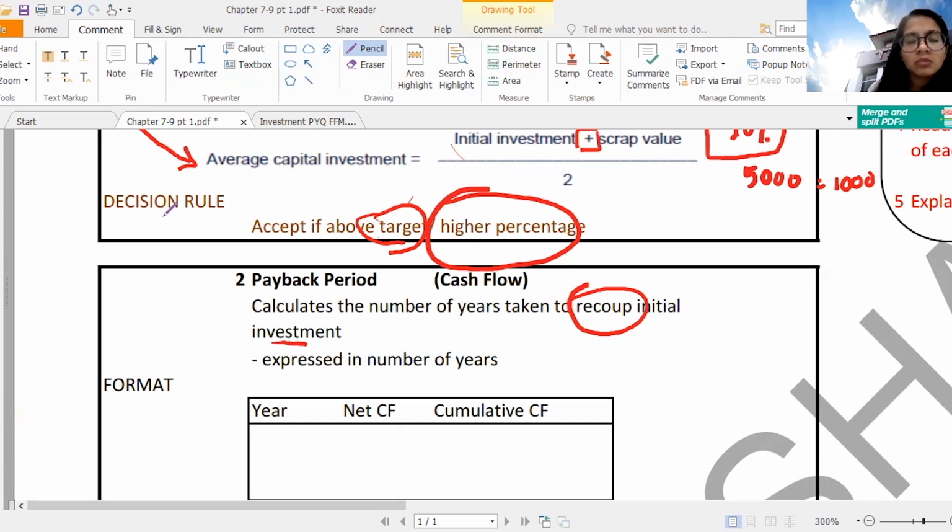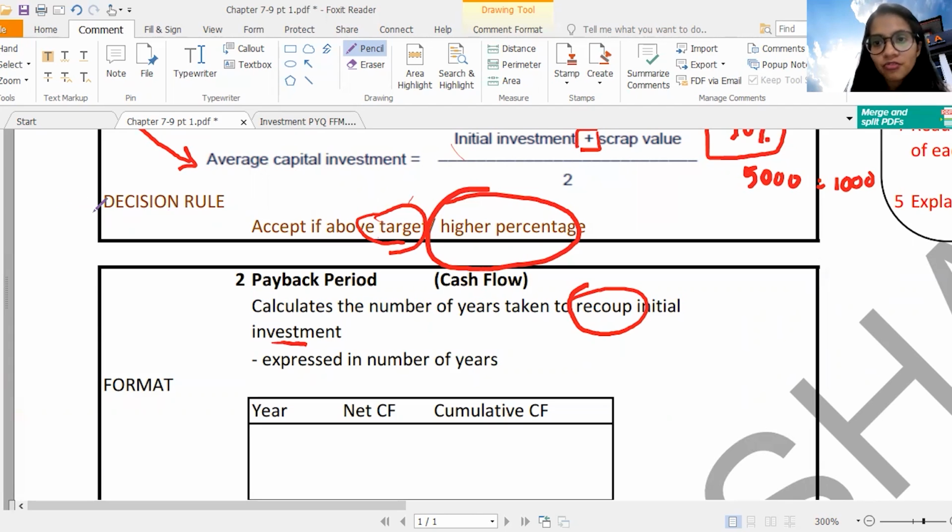The investment will be paid back to you in a shorter time frame. That means you get back your money faster. Rather than waiting 10 years to get back your money, you get it back within 3 years. So that's the concept of payback period.